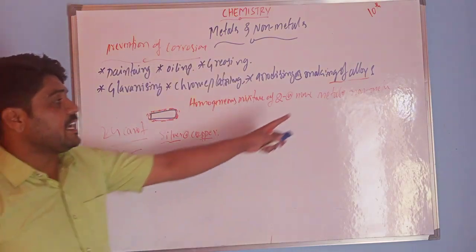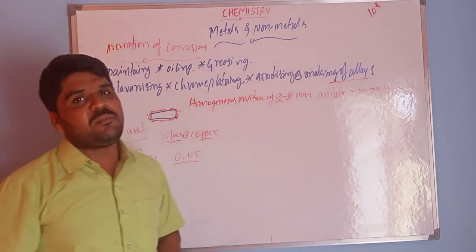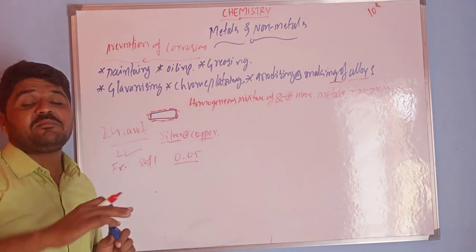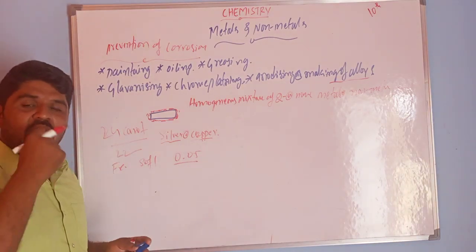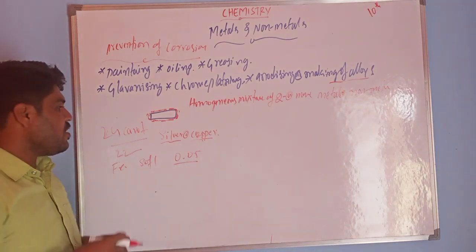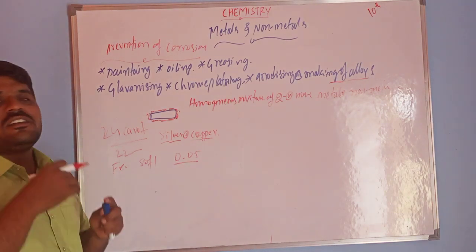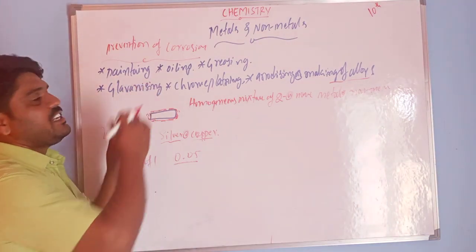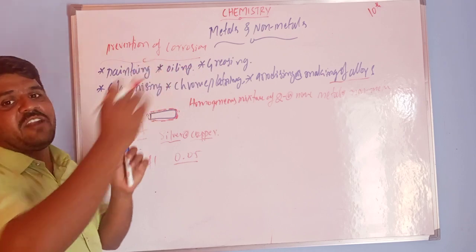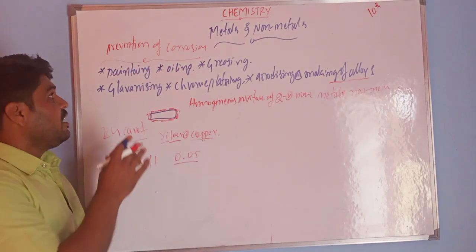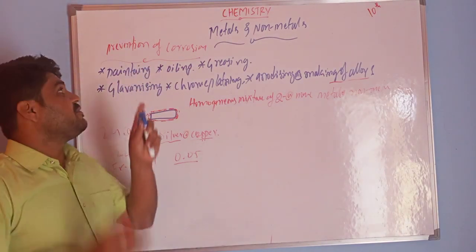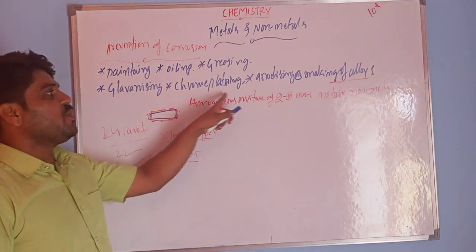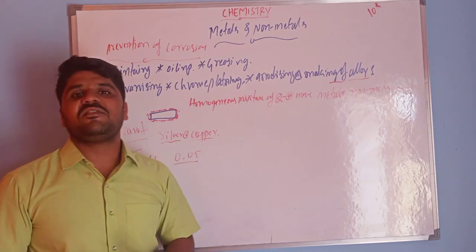Adding carbon to iron makes it harder and stronger. Many alloys are there, and these alloys prevent rusting from the environment. So our prevention methods are painting, oiling, greasing, galvanizing, chromoplating, anodizing, and making of alloys.